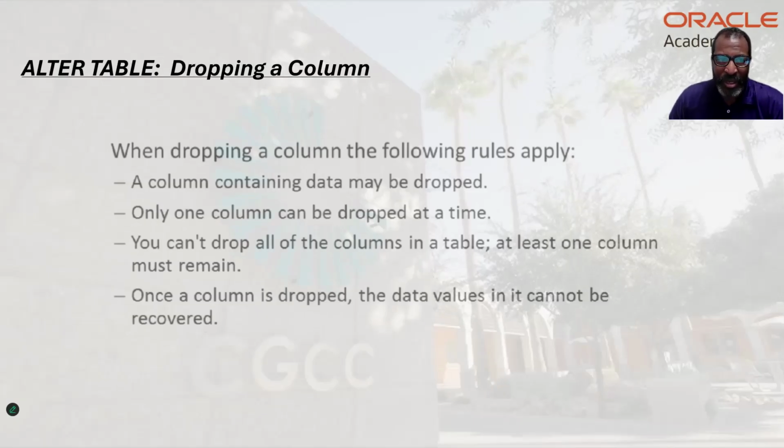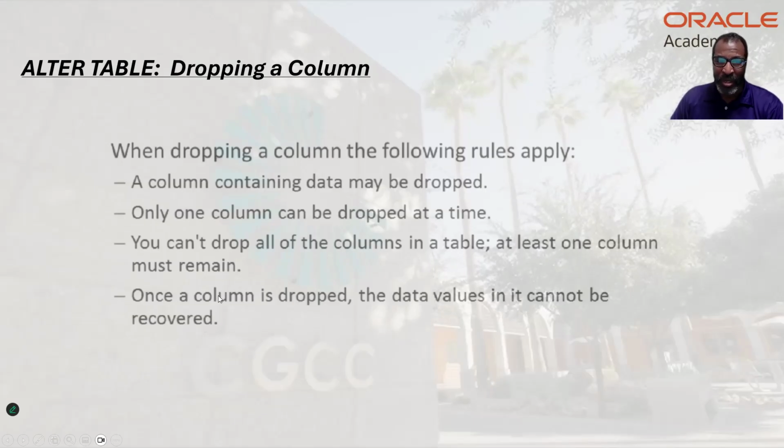So let's talk about dropping a column. So when dropping a column, of course, there's rules. You guessed it. A column containing data may or may not be dropped. Only one column can be dropped at a time. You can't drop all the columns in a table. At least one column must remain.